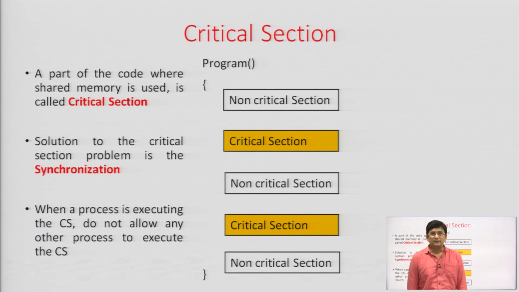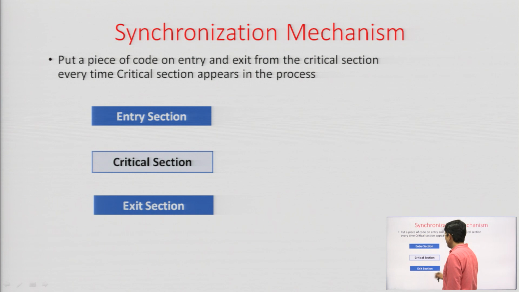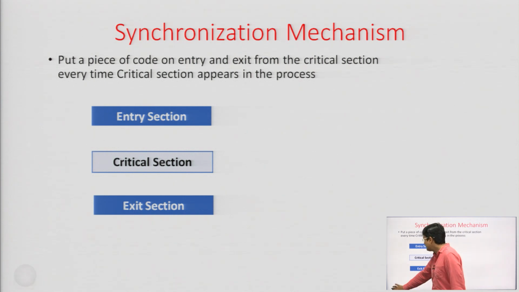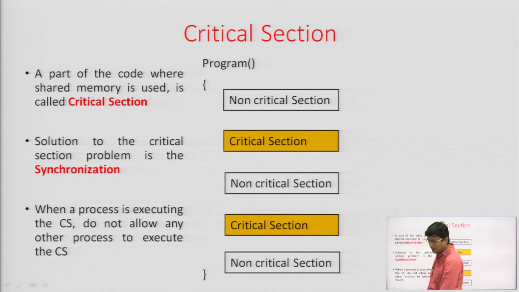We have also seen that whenever there is access to a common or shared resource, that piece or part of the code where we are using the shared variable or shared resource is called the critical section.